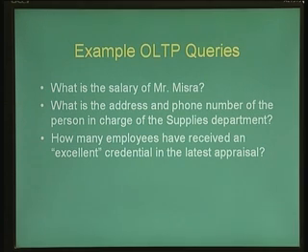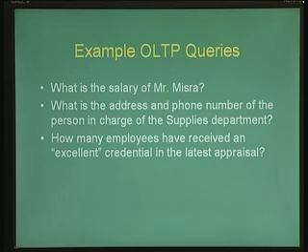Or what is the address and phone number of the person in charge of the supplies department? Again, it's a point query. It's just a question of following different references. Find the supplies department and look up the set of managers, and given the supplies department ID, look up who is the manager's ID, and then given the manager's ID, find the address and phone number of the manager, and so on.